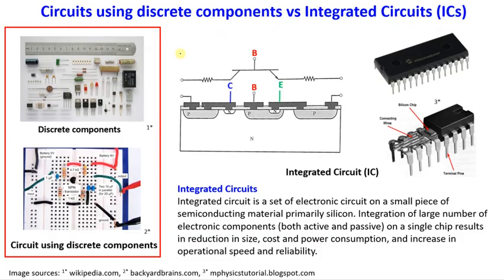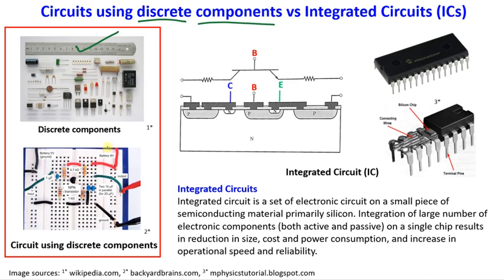So far we have discussed different components, and all the components that we have discussed so far are discrete components, right? Discrete component means we have individually considered resistor, inductor, capacitor, diode, transistor, right? So you can see here different discrete components of electronics. You can identify them, we have discussed them just now.